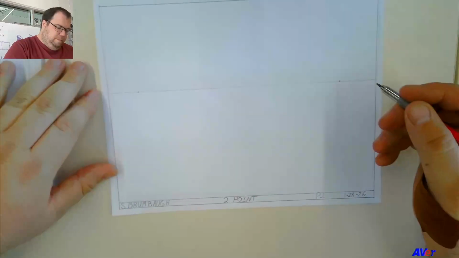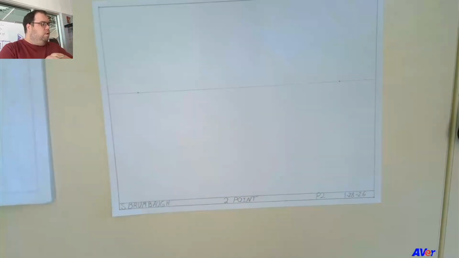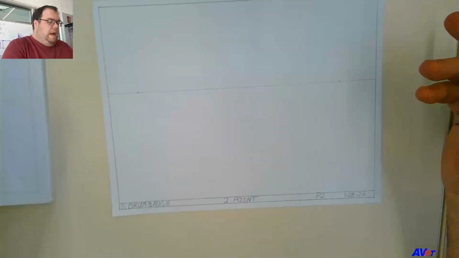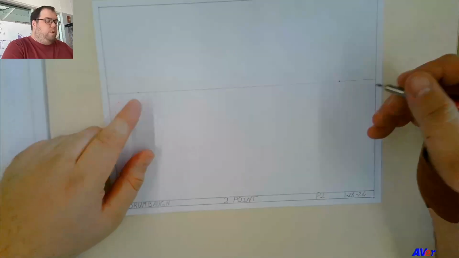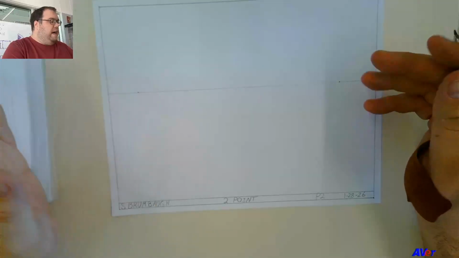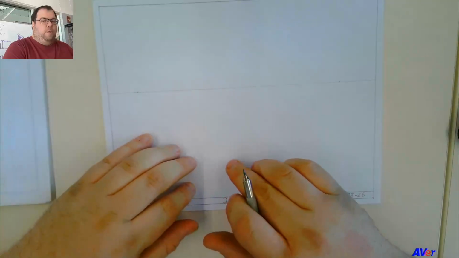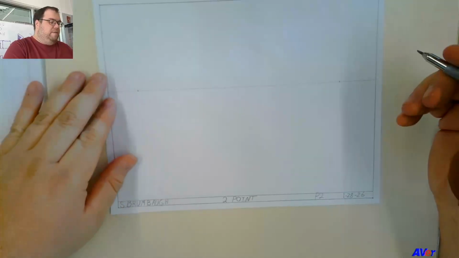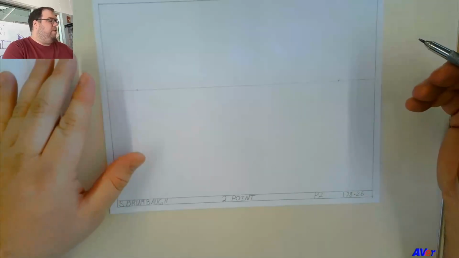So those are going to be our vanishing points. We have our left vanishing point and our right vanishing point. And the decision about which one you go to depends on which side of your starting point you are on. So the next thing we have to do is determine where that starting point is.